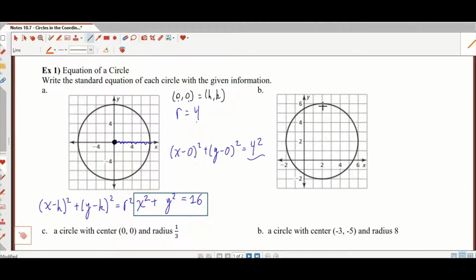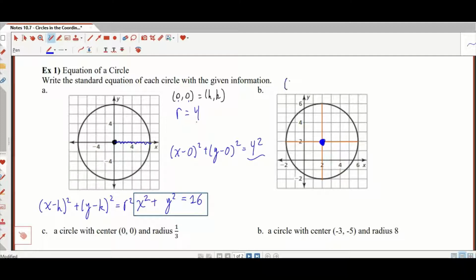Take a look at this guy. Let's find the center first. Now, these circles, they're not usually going to give you too awful of a radius. So you're going to look for a nice point here and check where the center is. If you cross the vertical and the horizontal there, where is that center? So there it is.